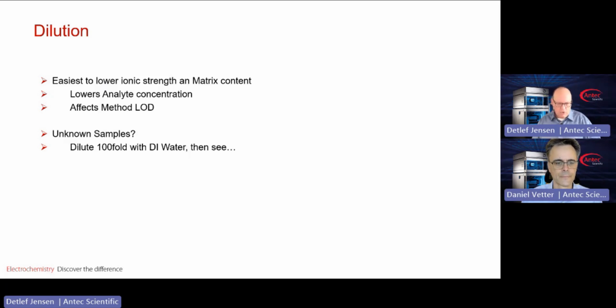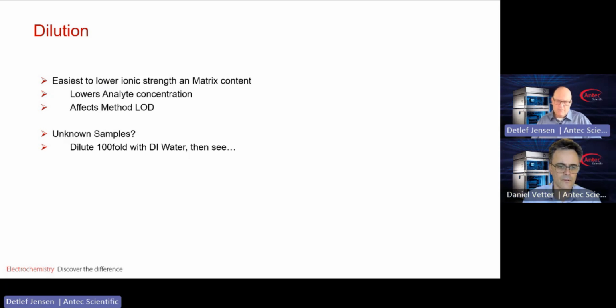Now, the first thing that you can do is to dilute your sample. If you dilute your sample, you do lower the analyte concentration. That is correct. But you also impact the limit of detection for that particular sample, because you are using a stronger dilution of your sample.